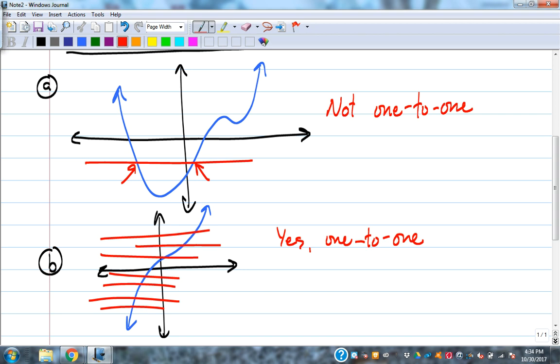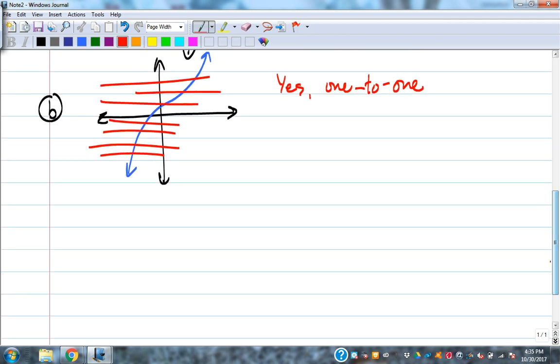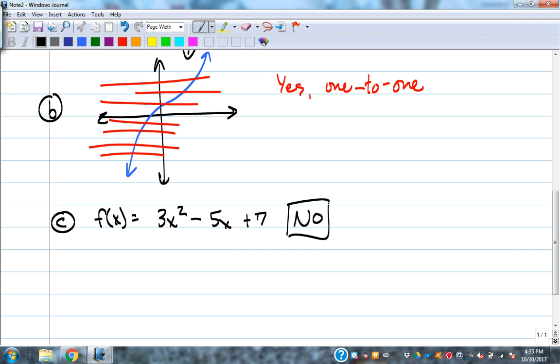If you get an equation, same thing can happen. If they give you f of x is equal to 3x squared minus 5x plus 7, is that a one-to-one function? Why not? It's quadratic, and we know quadratics look like that, right?